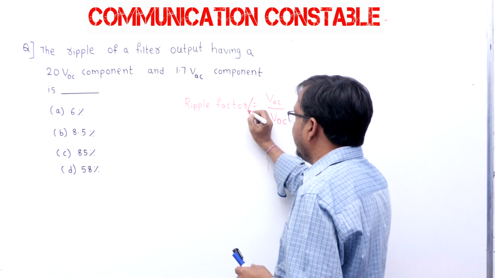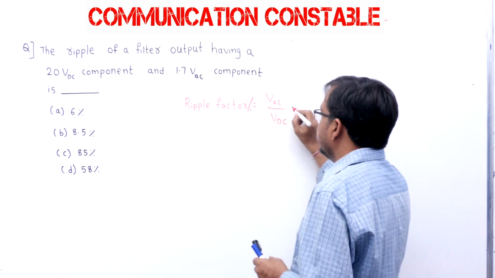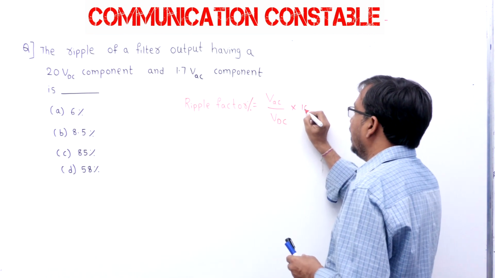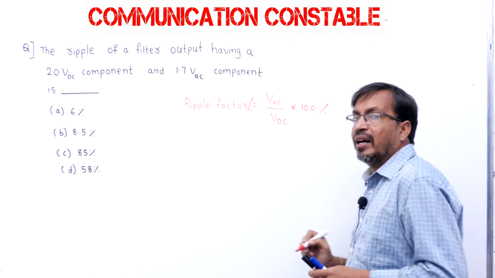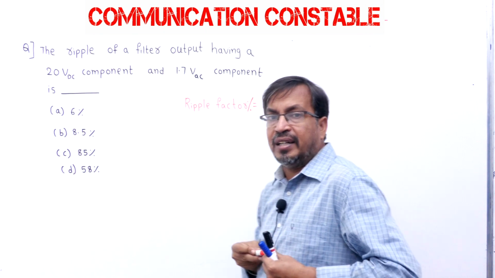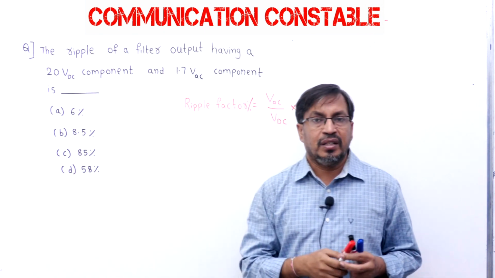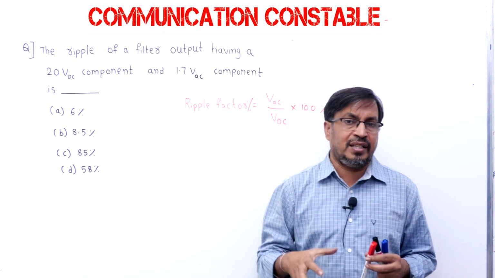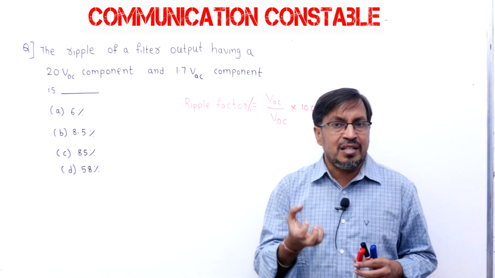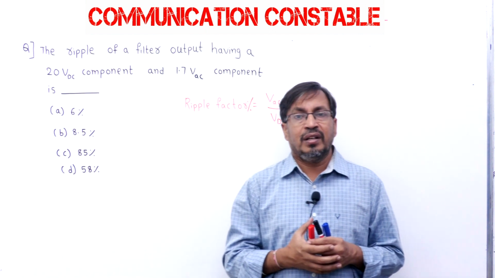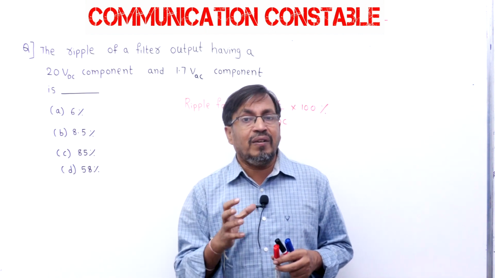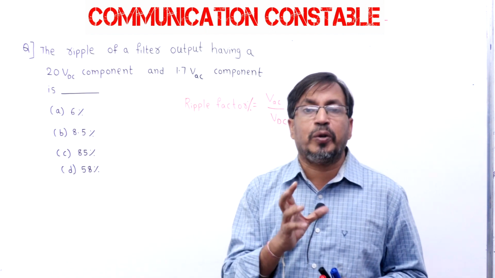When expressed in percentage, simply multiply by 100%. This is the ripple factor formula. The denominator is DC, our wanted signal, we want more DC than AC. That's why the ideal value of ripple factor is 0.